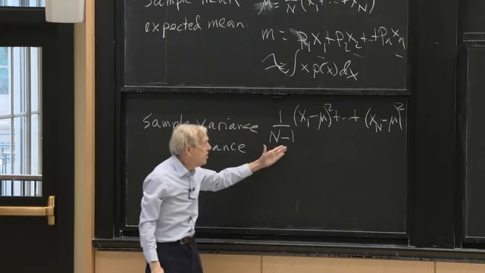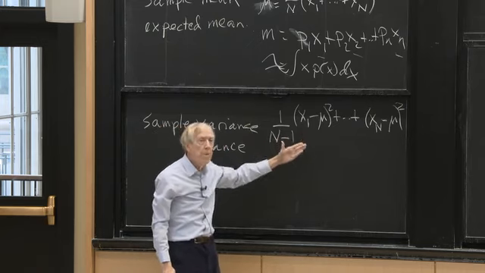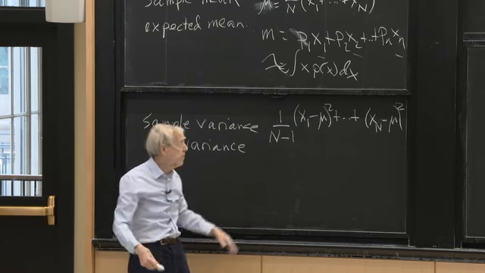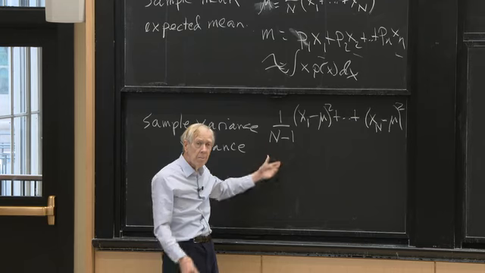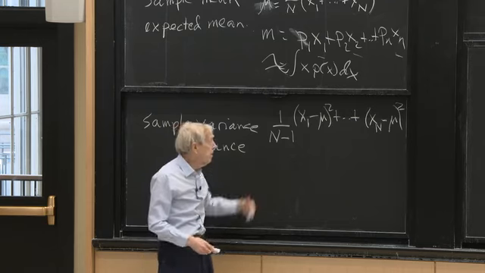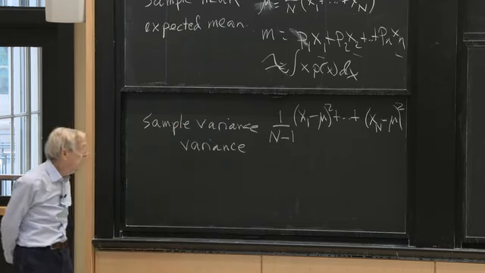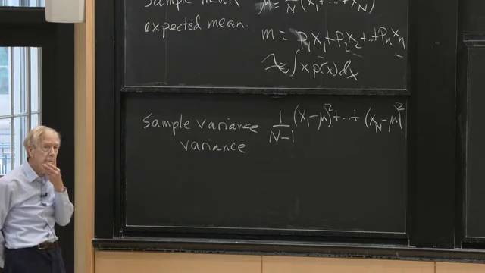So it's the average squared distance from mu, but with this little twist that, of course, when n is large, it's not a very significant difference between n and n minus 1. I think that's about right.